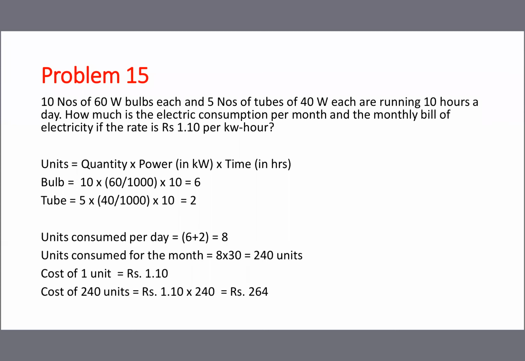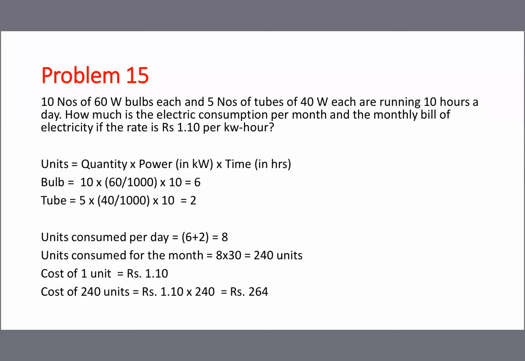If you multiply, you will get 6 units of current for the bulb alone. Then tube, only 5 numbers. The quantity 5 multiplied by 40 watts, convert into kilowatt, divide by 1000, multiply by 10. So 2 units the tube will consume. The total units consumed per day is 6 plus 2, 8 units.